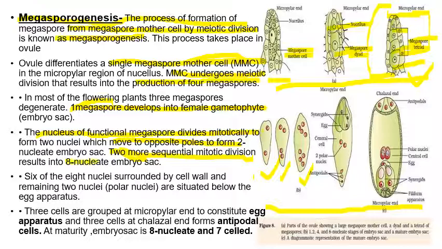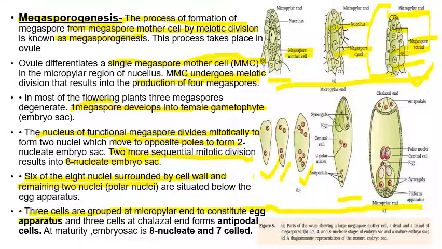Now this is the 8-nucleate embryo sac. All these nuclei have to arrange properly like this. Out of these 8 nuclei, 6 are surrounded by cell wall, and the remaining 2 are present at the center. Three of them group together at the micropylar end and form the egg apparatus.